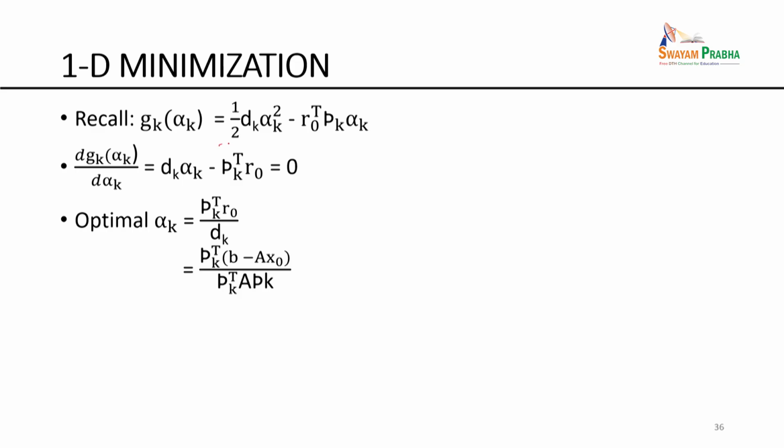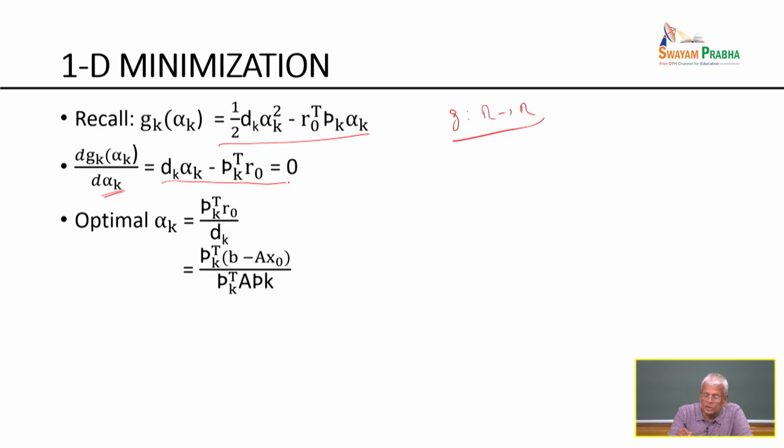So, this G, now I am going to compute the minimum with respect to alpha k. This is a quadratic function, second degree, first degree term, a scalar valued function of a scalar. So, G is R to R, very basic univariate calculus, undergraduate work. So, setting the gradient to 0 is given by this equation.